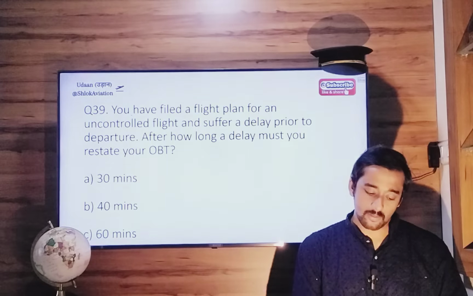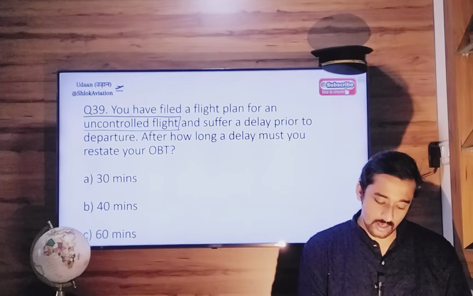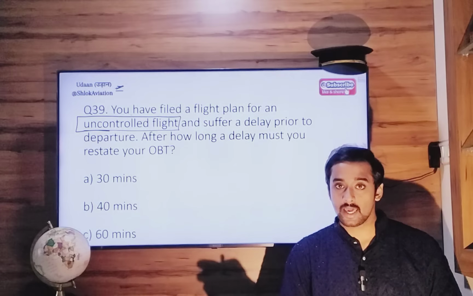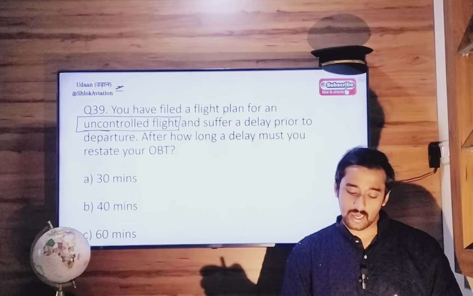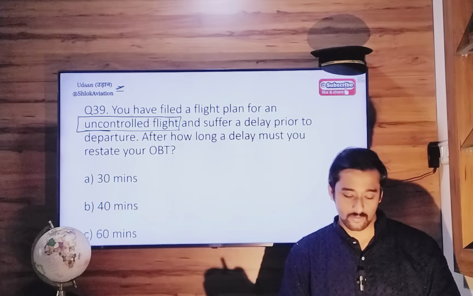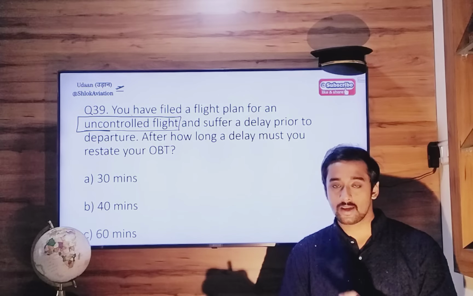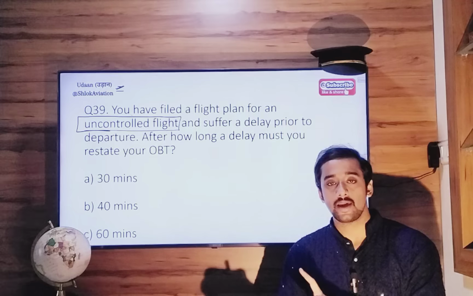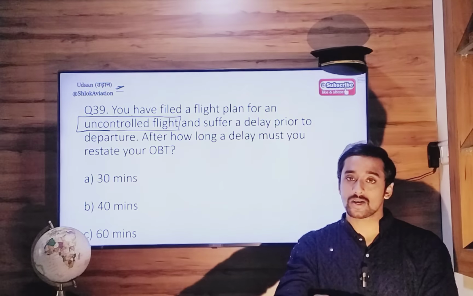You have filed a flight plan for an uncontrolled flight. Very important word is uncontrolled flight, and then suffered a delay prior to your departure. After how long a delay must you restate your off block time? Okay, so in case of uncontrolled flight, you experience a delay in excess of 60 minutes of your off block time.